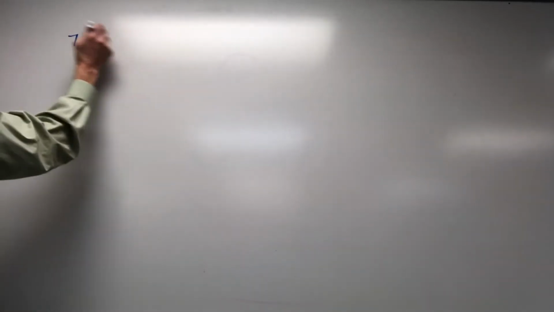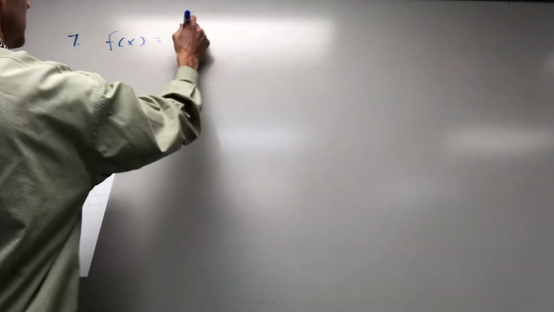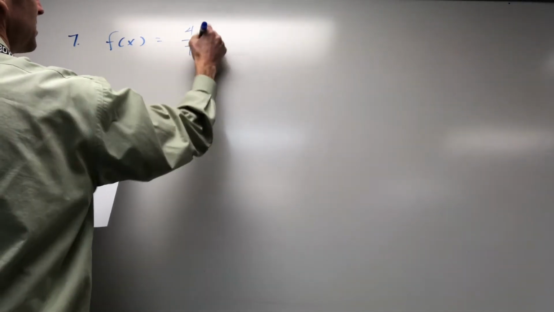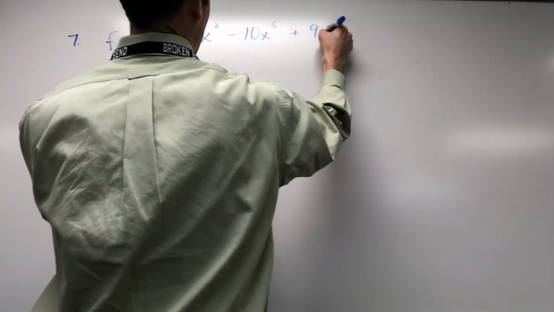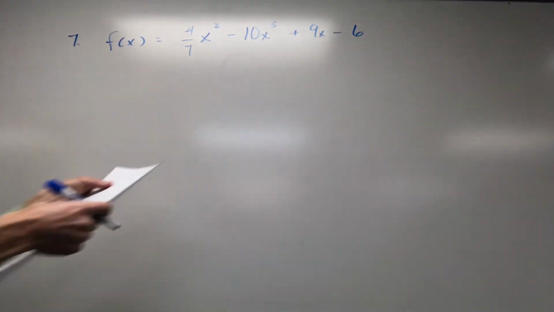Let's do another leading coefficient one. All right, here we go. So 4/7 x squared minus 10x to the 5th plus 9x minus 6.